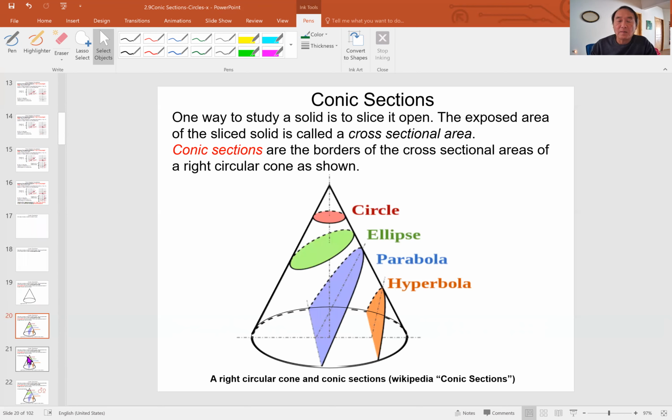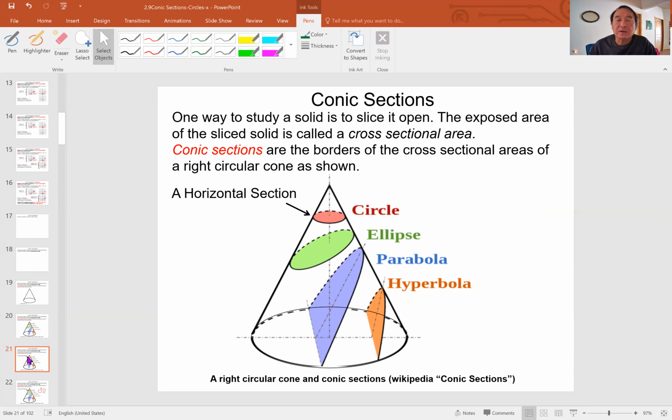So there are four basically. Depending on what angles we take the cross sections, we get four different types. If we cut parallel to the ground, then the exposed areas are circles, horizontal sections. Okay?